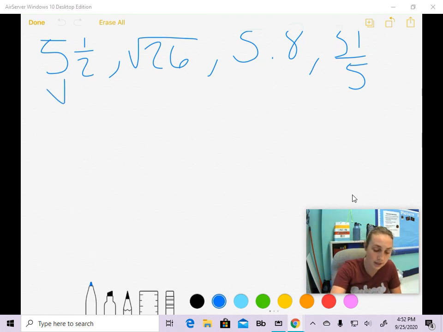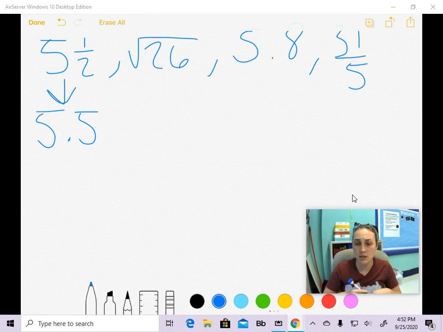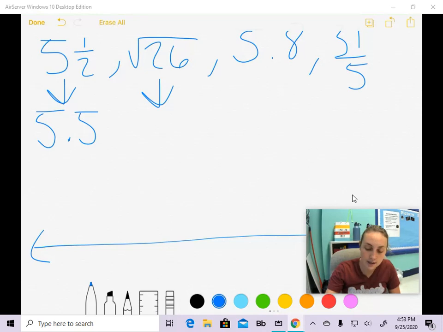Let's start with 5 and 1/2. 5 and 1/2 is going to be 5.5. You can do division on this one, but if you see 1/2, the decimal is always going to be 5/10. The next one is the square root of 26. The square root of 26 is not a perfect square, so we have to make our handy dandy line with the 2 notches again.